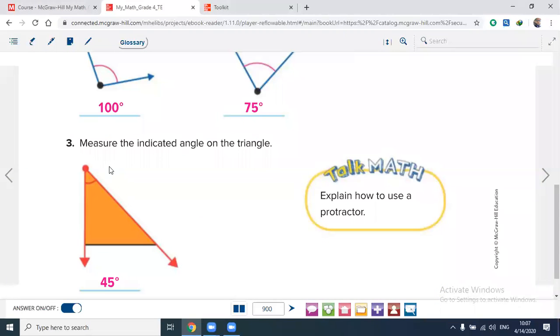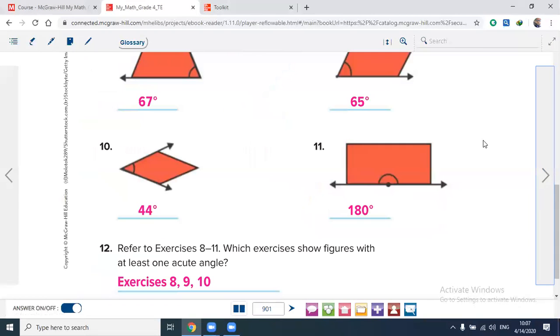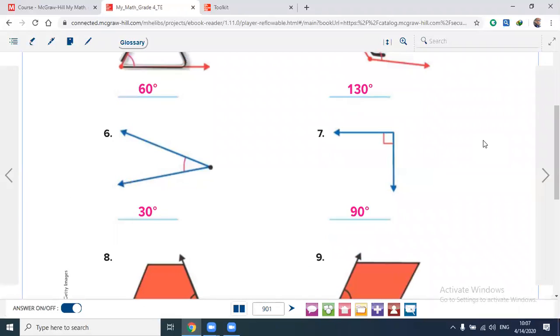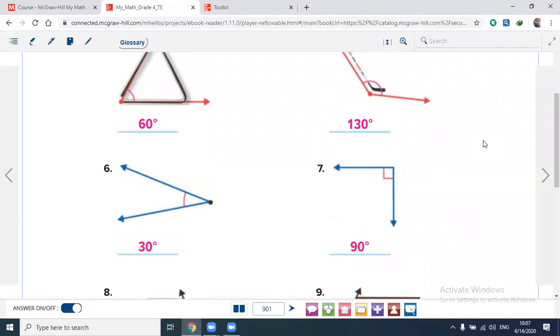Here, next page 901. You have these angles with their measures. Just write them in your book. Then you can check if you have a protractor.